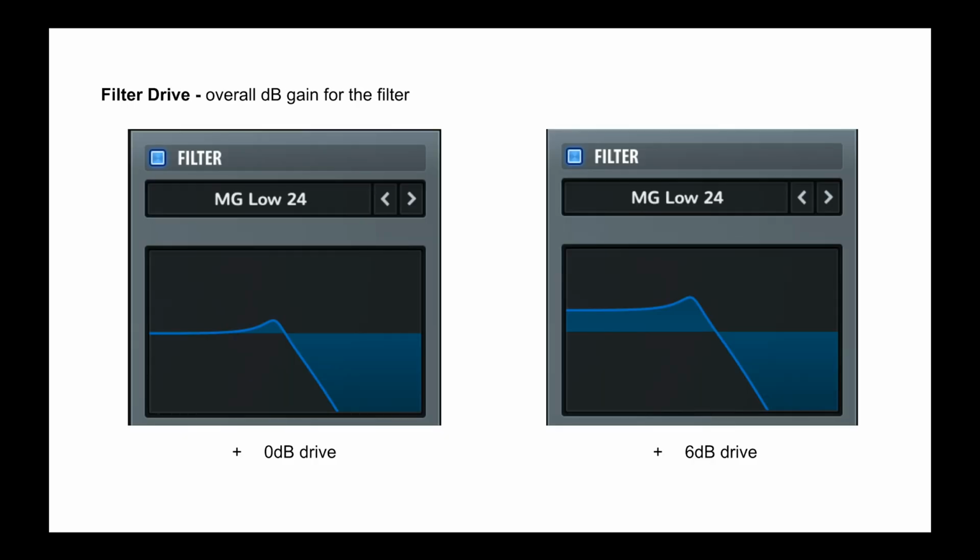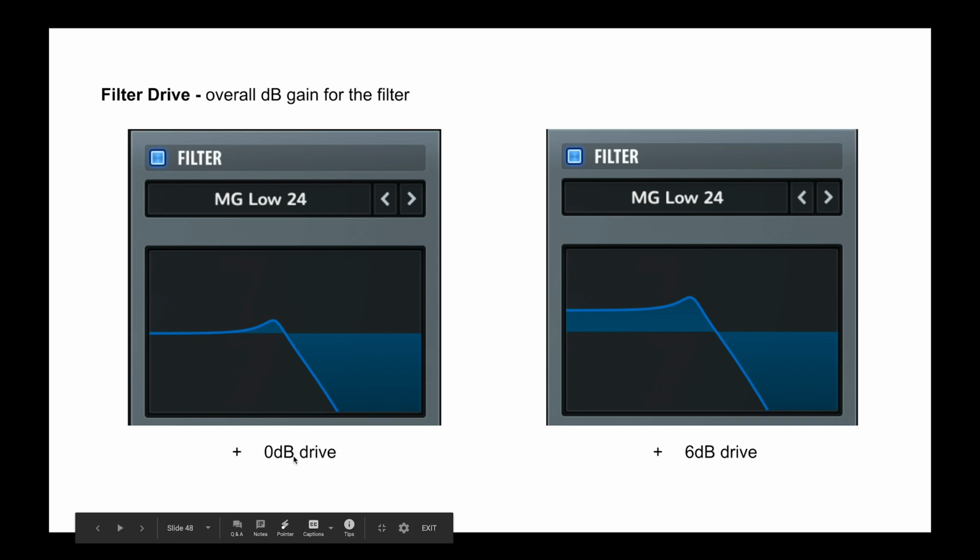Let's talk about drive now. So filter drive is the overall gain in dB for an entire sound. Okay. So if I amplify a signal inside the filter, this is what happens. So you can see over here my filter drive is 0.